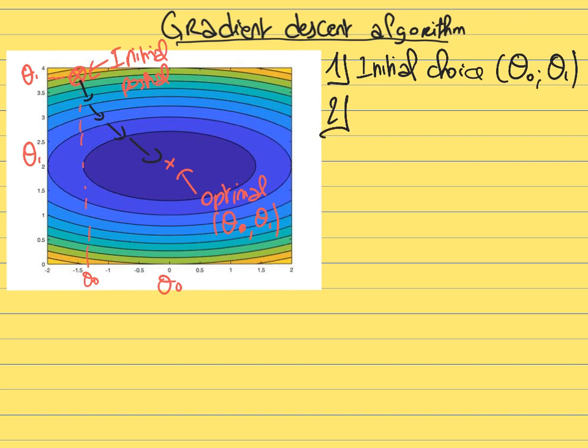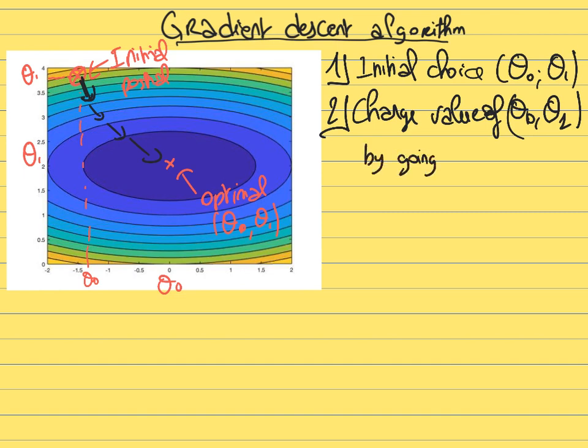Step 1 is that you make an initial choice for the position. Step 2 is that you are going to move, so you are going to change the values of theta naught and theta 1, every time moving to a new value by going downhill.